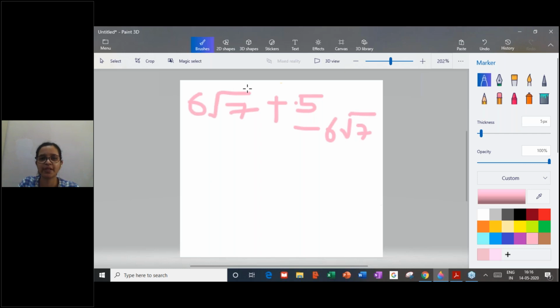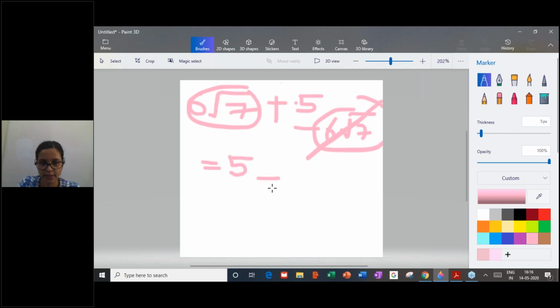If you perform the operations, this number and this number will get cancelled and you are left with 5, which is a rational number, right? It is rational.